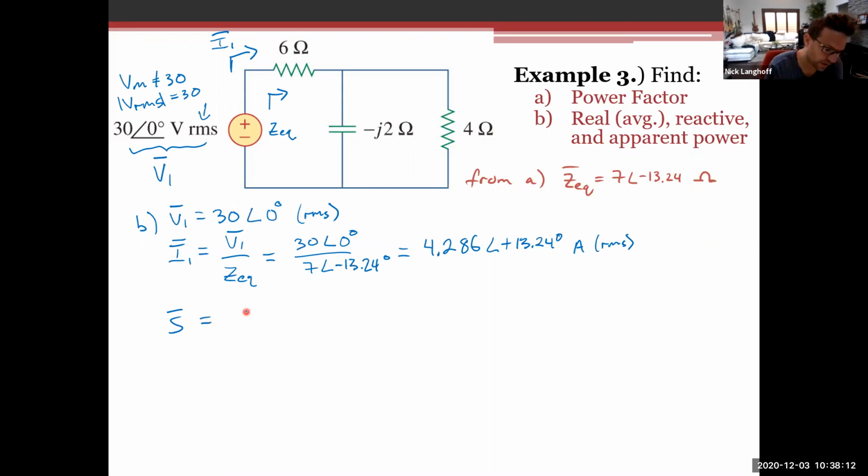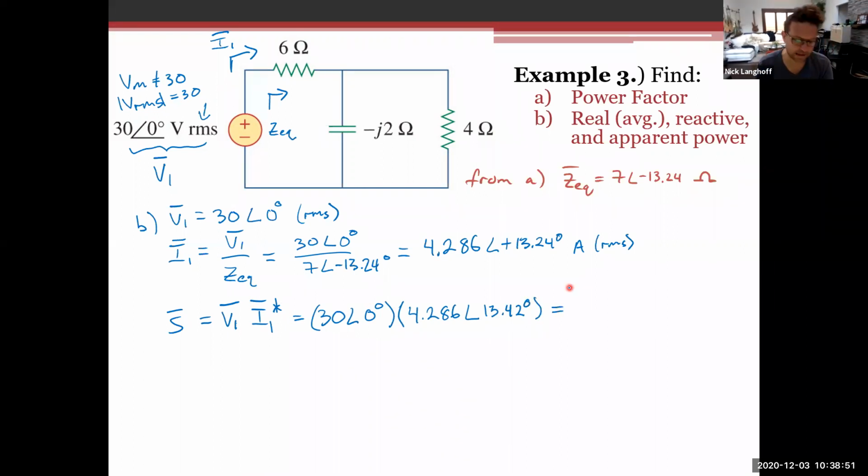All right, so here's the complex power. Remember, it's the RMS voltage phasor times the complex conjugate of the RMS current phasor. So this is 30 at a phase angle of 0 degrees times, okay, we'll put this in parentheses, the current one, which we just calculated, that's 4.286 at a phase angle of 13.42 degrees.